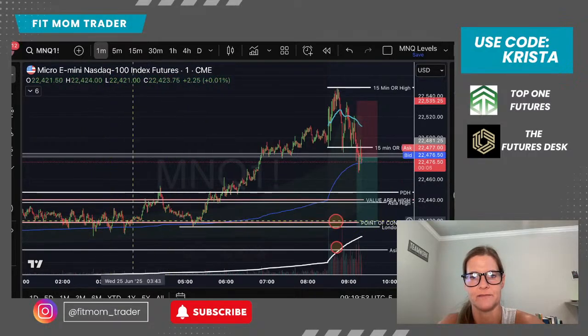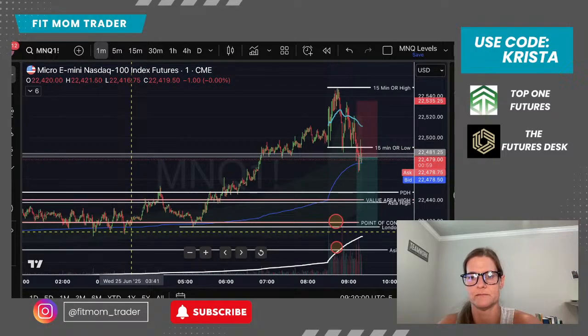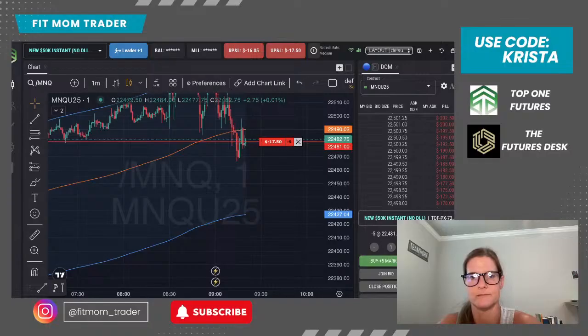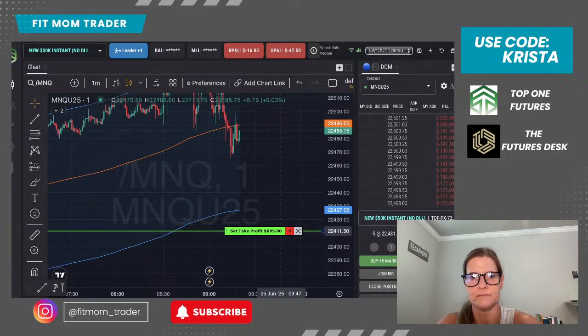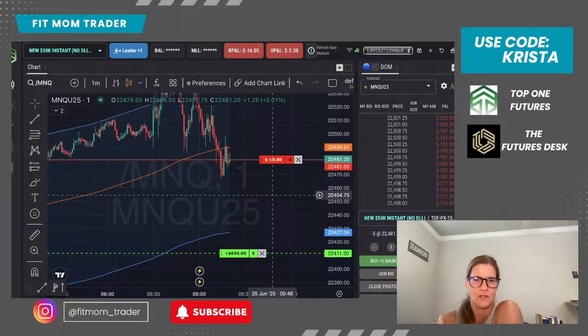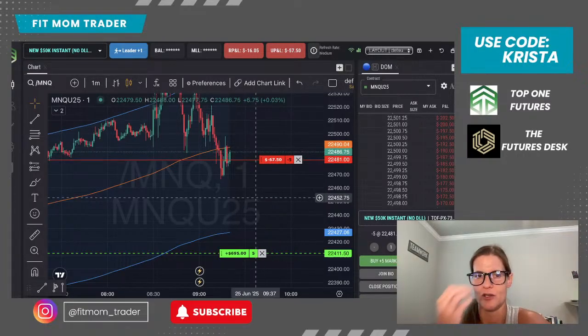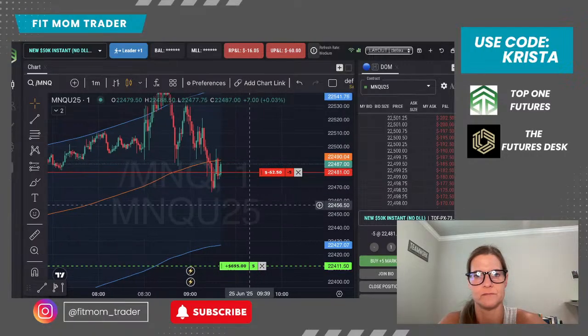Check out this area. Still holding below that 15-minute opening range low, but fighting with VWAP and it's not getting below.